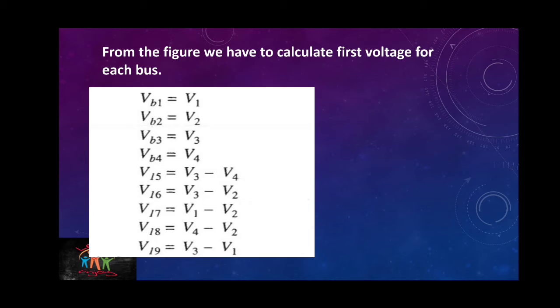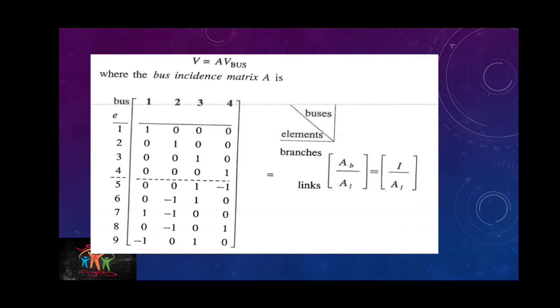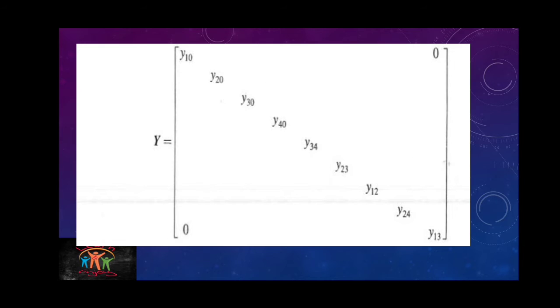Now you can see this concept. Now we are talking about links here. V15 is V3 minus V4. So V3 is 1 and we have a minus V4, so we can write here minus 1. Okay, so you can get the A matrix like this.